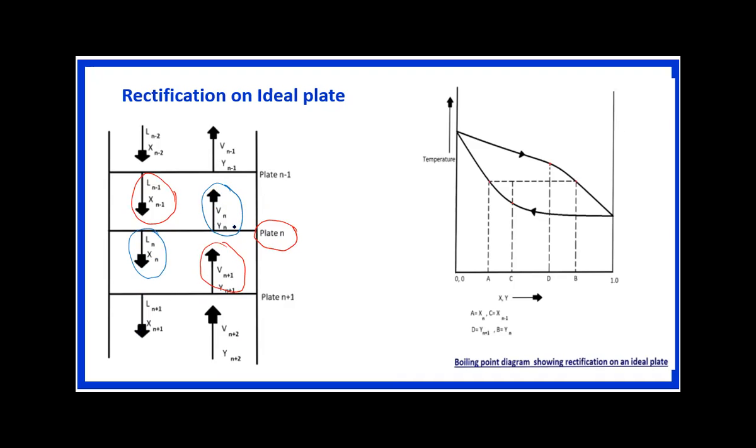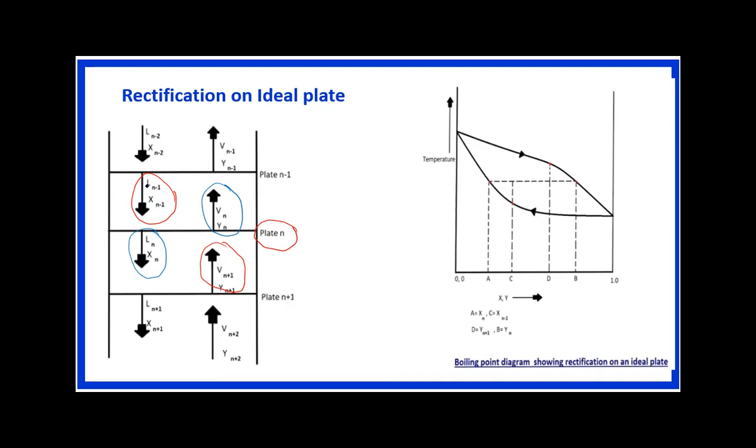From the nth plate, the molar vapor flow rate is capital V suffix n, and the composition for this Vn is Yn. In the same way, the liquid composition is Xn and the liquid flow rate for the nth plate is Ln. The input on the nth plate is the liquid flow rate from the above plate, that is n minus 1, and that is why the suffixes are L suffix n minus 1 and small x suffix n minus 1.